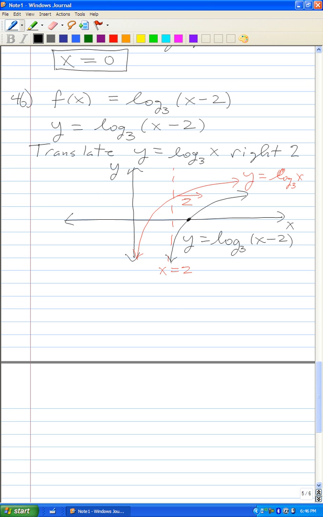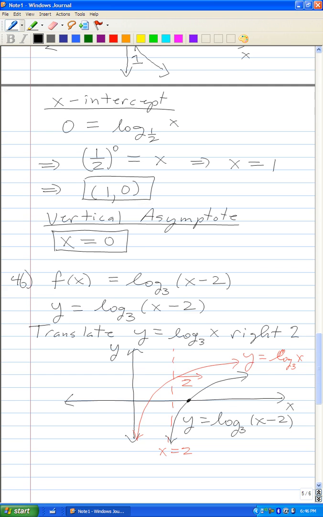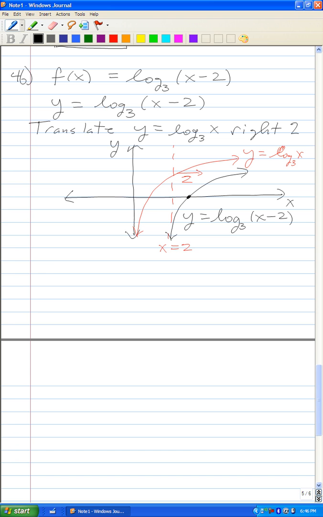And the x-intercept. So let's do the x-intercept, I guess. That's what I did first. Yeah, let's do the x-intercept. To find the x-intercept, I replace y by 0 and solve for x. So let's rewrite this in exponential form.